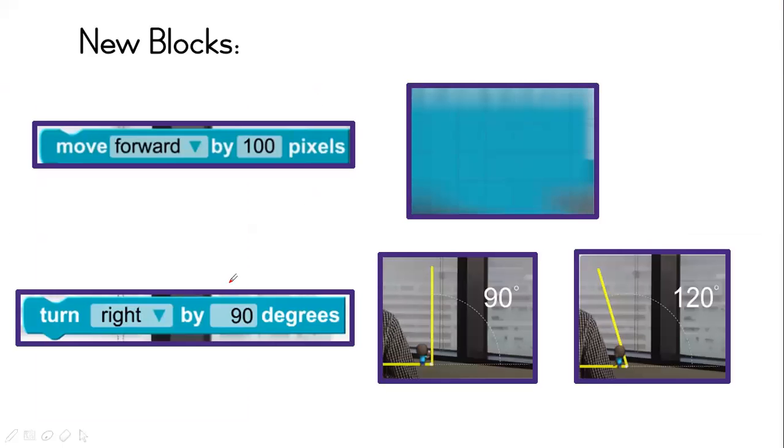Now let me teach you quickly about the new blocks. If it says move forward by 100 pixels: everything that you see on your computer, all the colors, all the pictures, if you take a magnifying glass and make it much bigger, all of them will consist of little blocks like this. This is just one that is magnified.